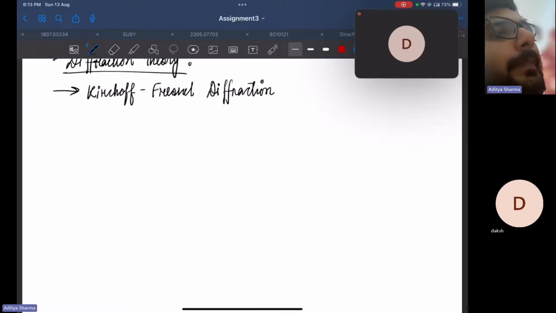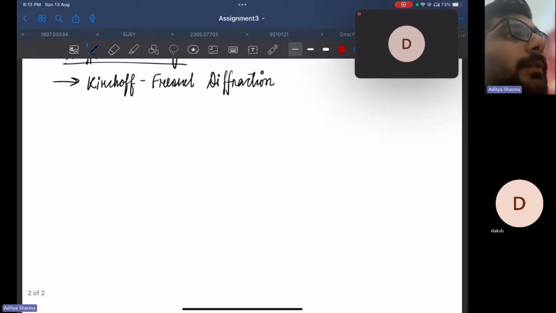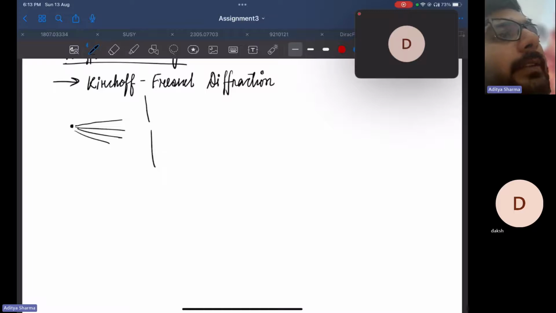We had a source giving off some monochromatic light, and we have an aperture here, and this goes to the screen and forms some diffraction patterns.